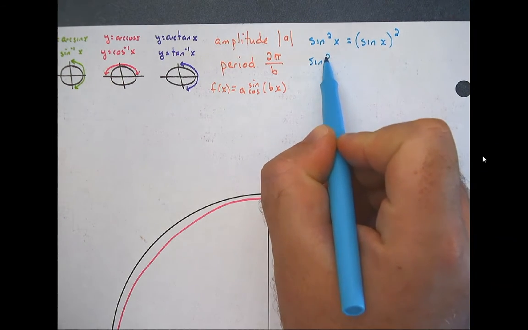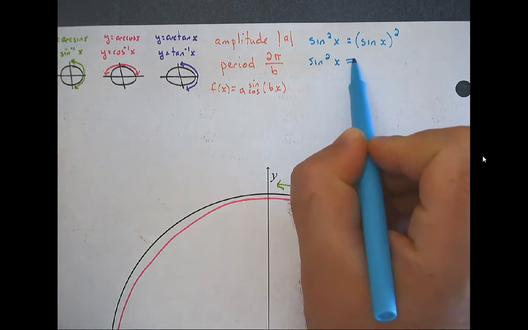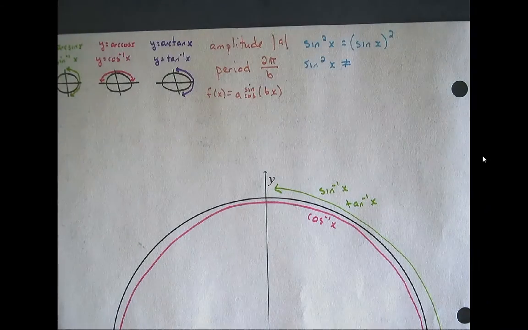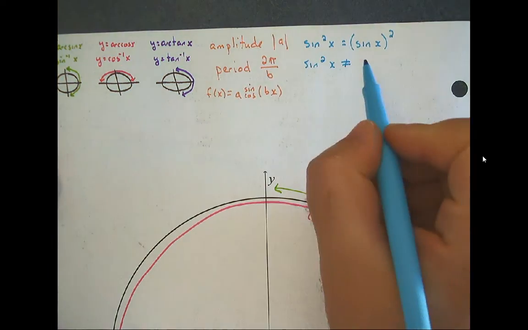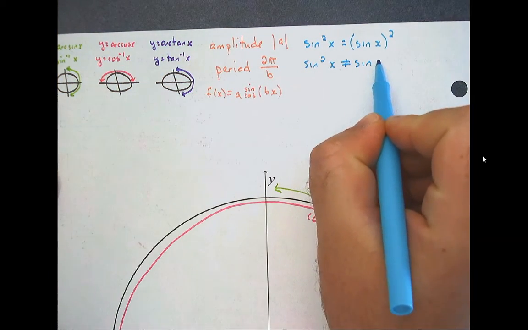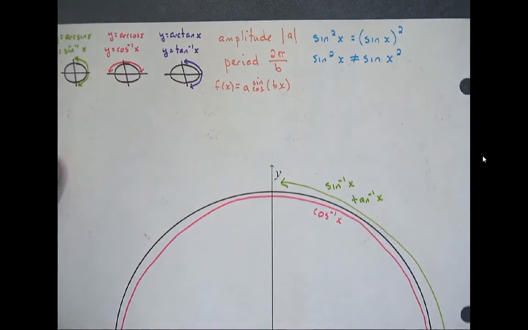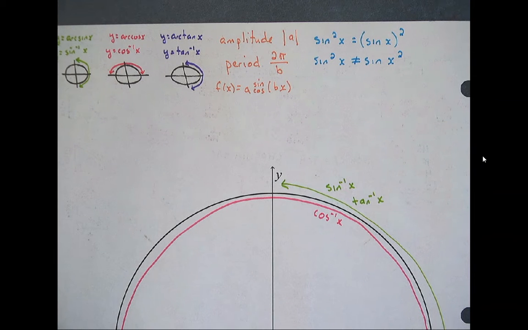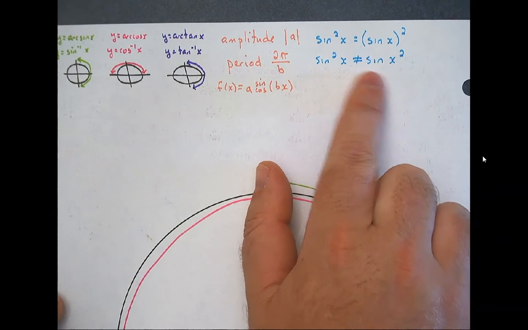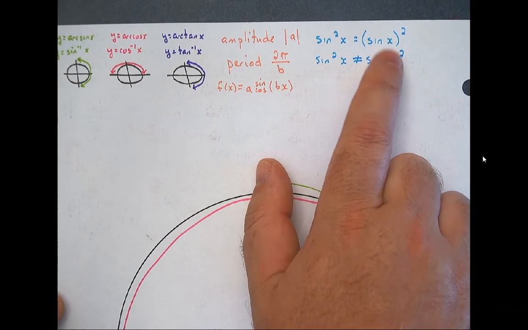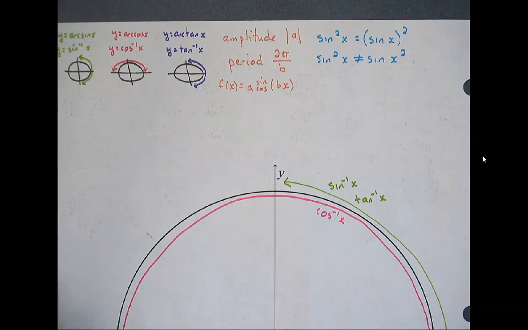Sine squared of x does not equal sine of x squared. Look at that notation. Who's getting squared in the second expression? The x is, right? We don't want to just square the x. We want to make sure that we square the sine and the x.